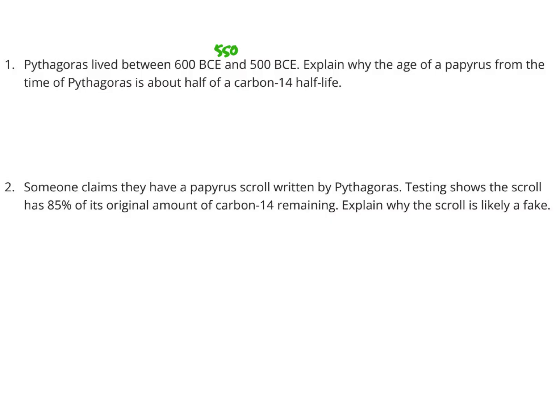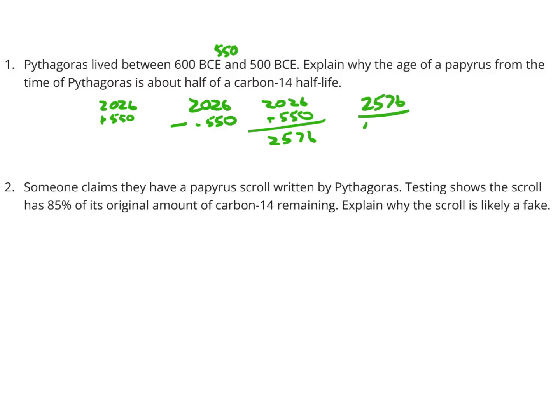So let's see. 2026 minus a negative 550, which is the same as 2026 plus 550, gives us 2576. 2576 divided by 5730, because that would be our exponent, is 0.4496, which is about 45%.